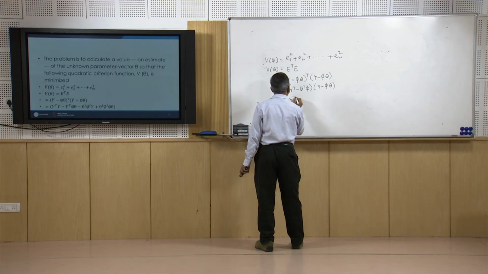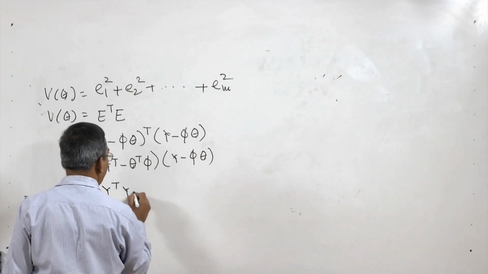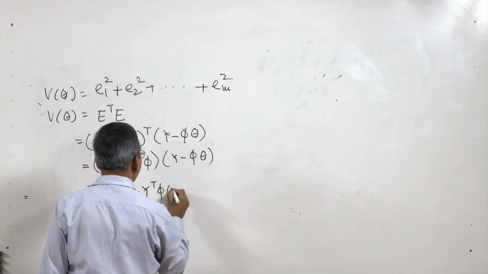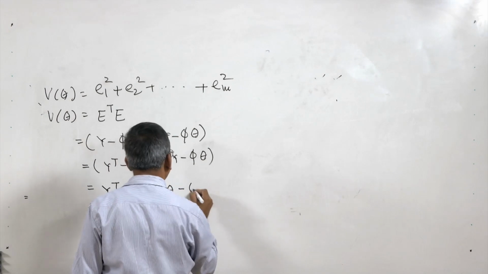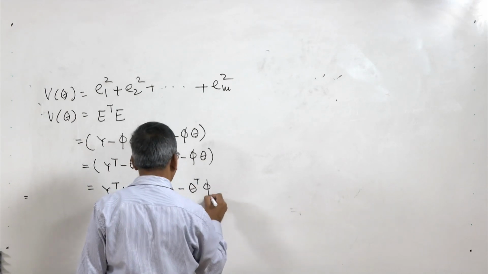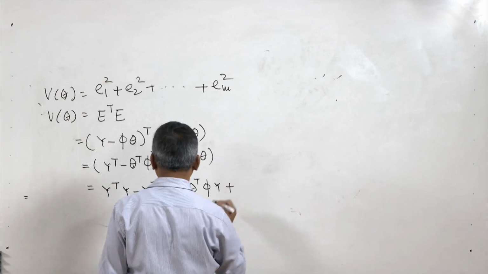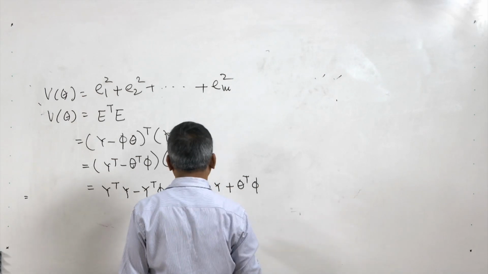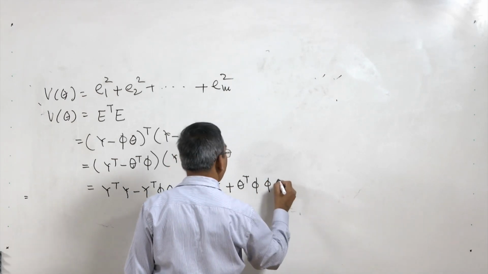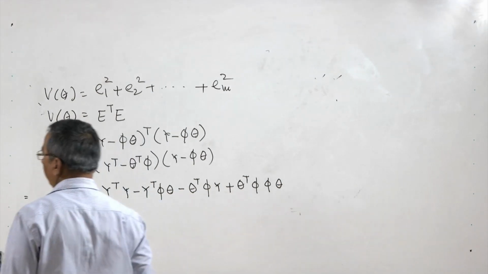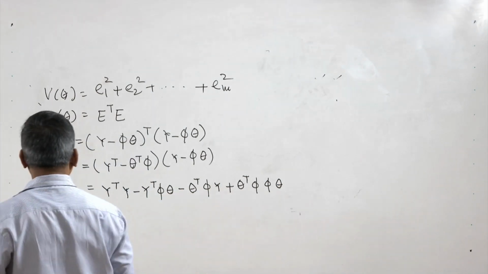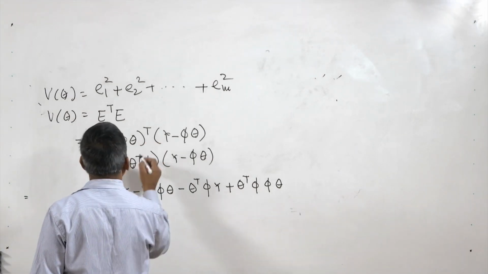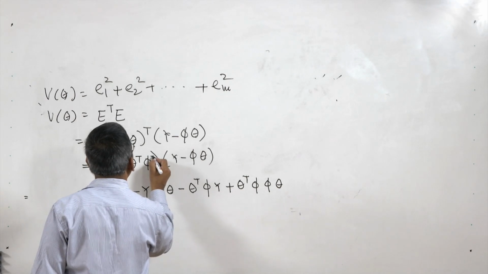So, this will be y transpose y minus y transpose phi theta minus theta transpose phi y plus theta transpose phi phi theta. Okay. Oh sorry, here there is one small mistake. This is theta transpose, here there will also be phi transpose.